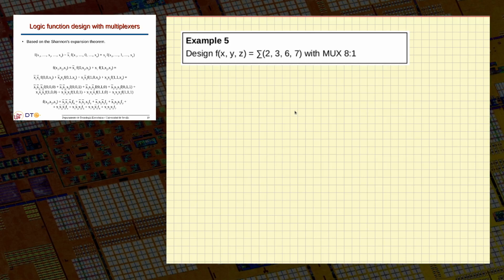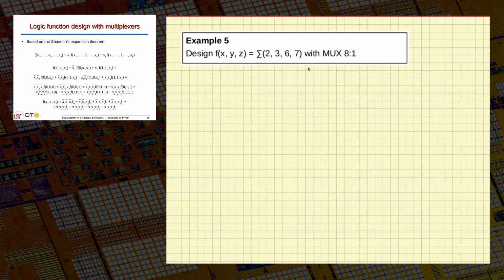Hi, in this example, we are going to see how to design a logic function using a multiplexer. Actually, multiplexers are generic devices in that we are able to design any logic function using only multiplexers.